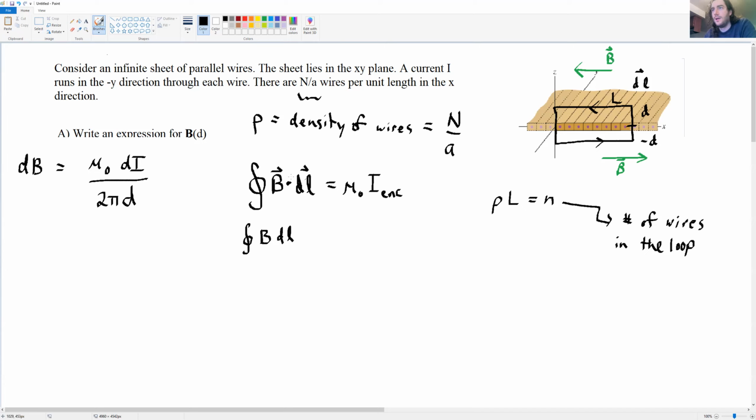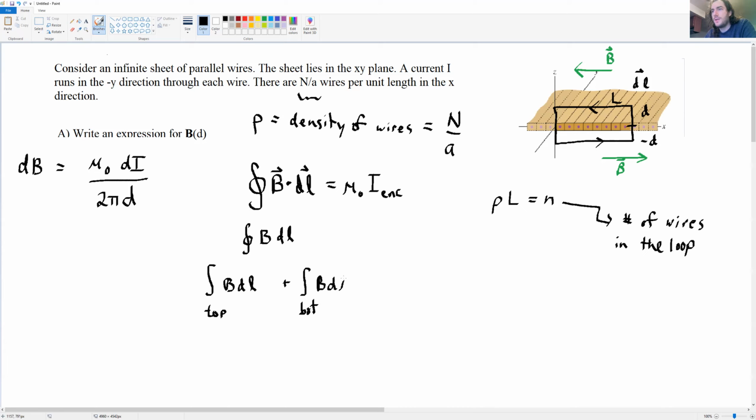The dot product is between two parallel vectors on the top and the bottom, which is also important. If there is a top and a bottom, you have to remember that when you do the closed loop integral, it breaks into two pieces, like a top piece and a bottom piece. So there's a top part, B dl, and there's a bottom part, like so.